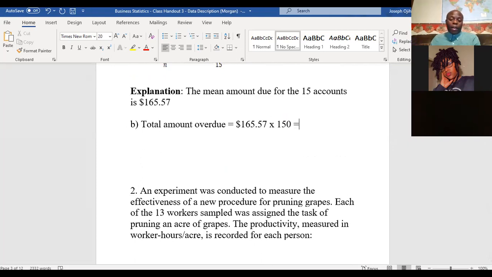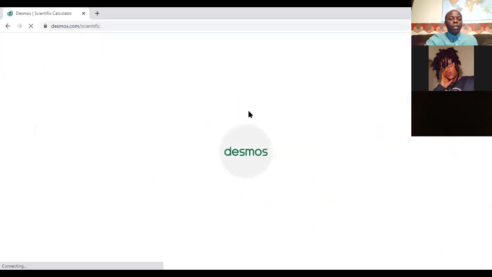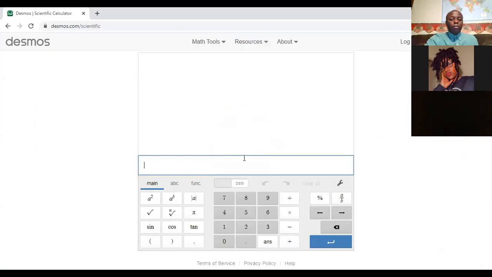Now, this we can get from our calculator, Desmos. Remember, I told you we have this free online calculator we can use. Let us go there and find this product. I'm taking you to Desmos now. Remember, it's free, Desmos.com. We have 165.57 times 150.